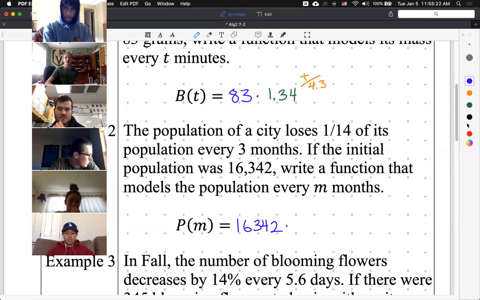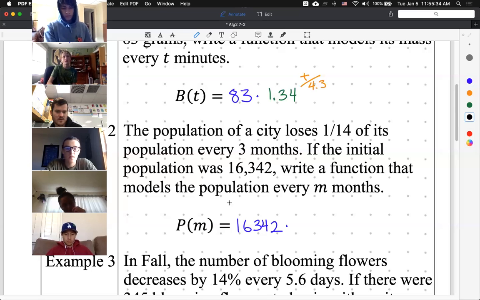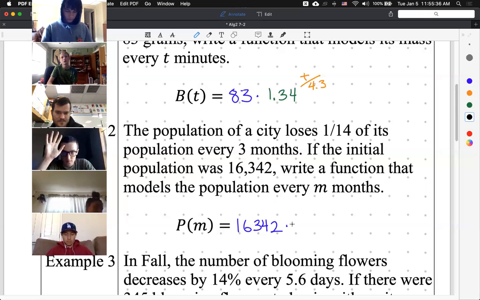Would it be divided by 1/14? What do you mean by divided by 1/14? Like 1 divided by 1/14? Like 16,342 divided by 1/14th. Because instead of getting bigger, it would get smaller.